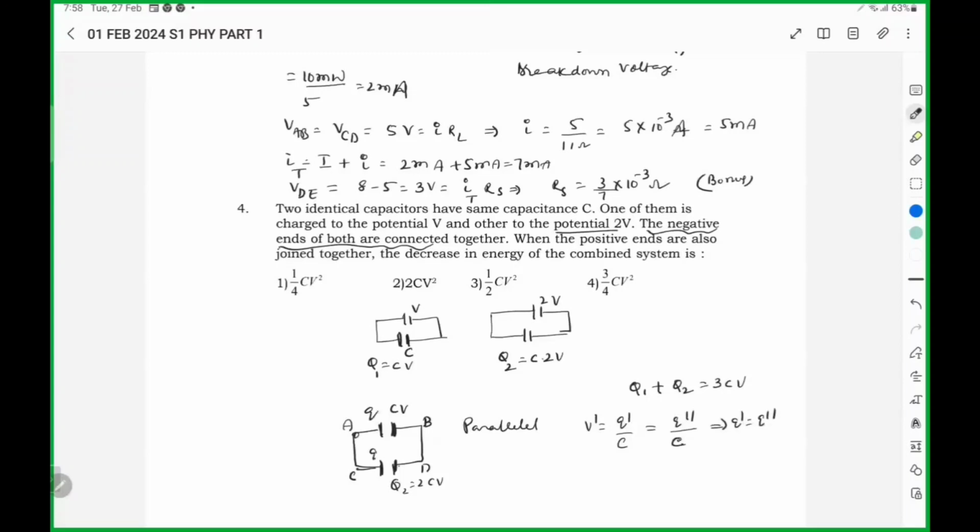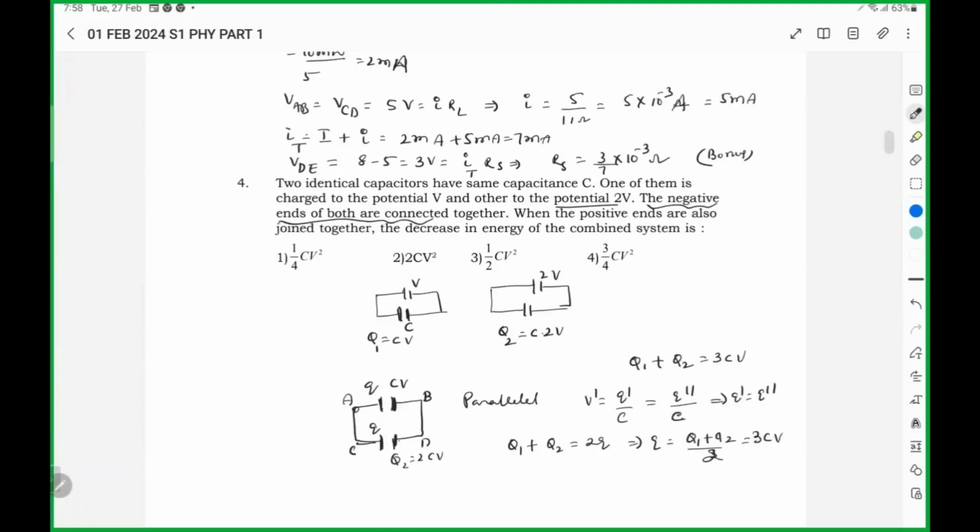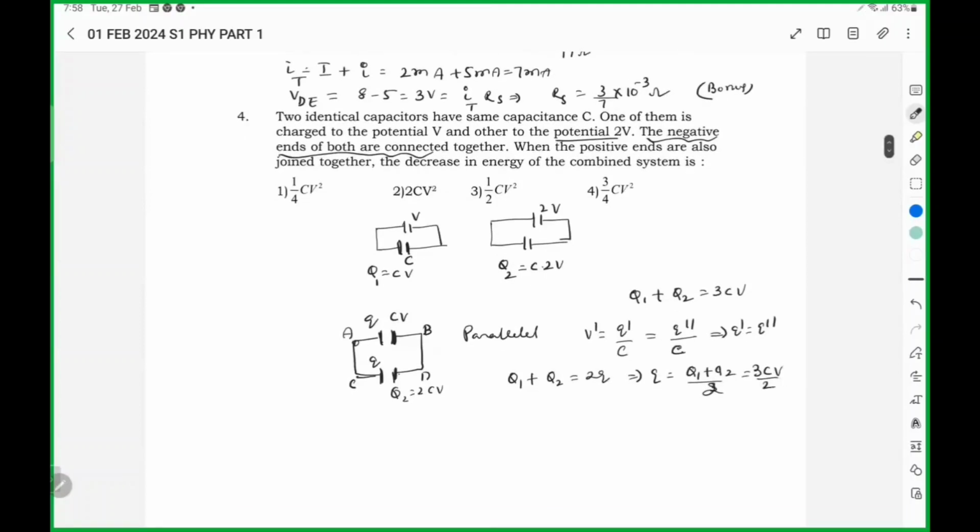That means the same charge gets deposited on both capacitors. So Q1 plus Q2 becomes 2Q, so Q will be Q1 plus Q2 by 2, which is 3CV by 2. Now, what is the loss of energy in the combined system?